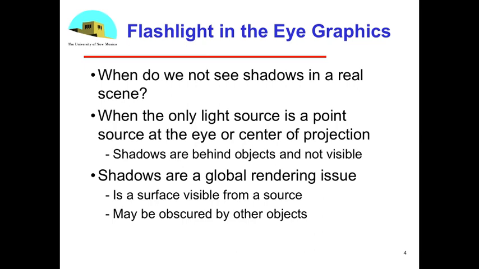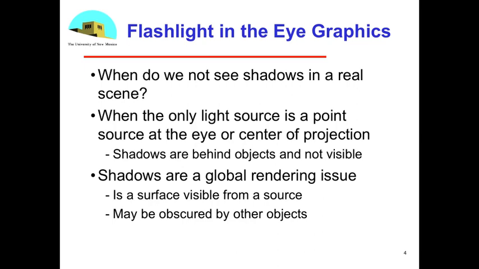If you look at most graphics, and especially the kind of graphics we're able to produce now, you won't see any shadows. Well, why don't you see any shadows? One way to look at it is to ask: under what circumstances wouldn't you see any shadows just looking out at a scene in the real world?